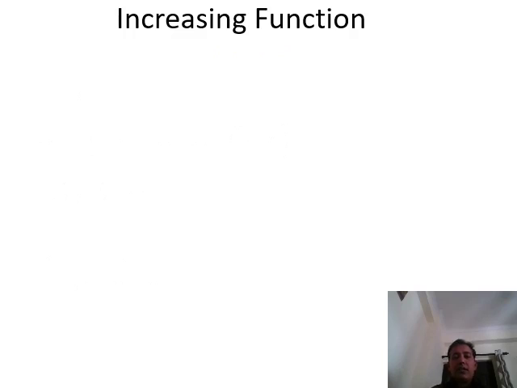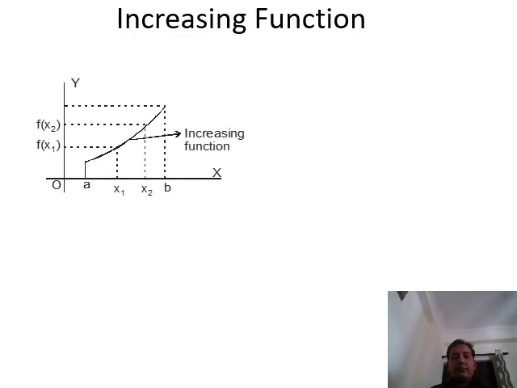Now the next topic is increasing function. The graph of an increasing function is shown as a curve starting from A to B. Its values are continuously increasing from A to B, which means f(x1) is less than f(x2) as x1 is less than x2.